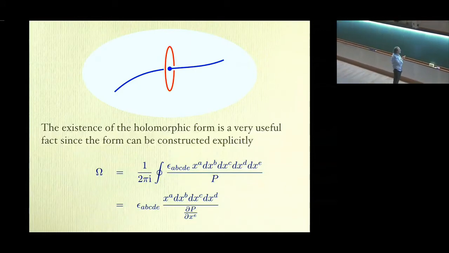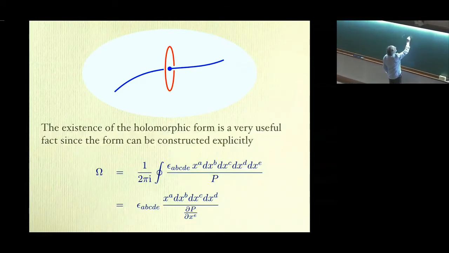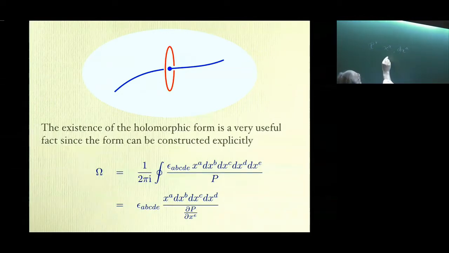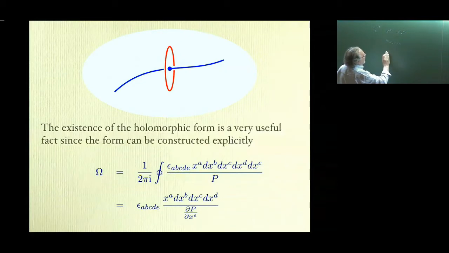You would say, well, what can you do? You have the coordinates, x_a, you have the coordinate differentials, dx_a, you have 5 coordinates in P4, so you have the alternating symbol. What can you do? Well, you could build something new: epsilon_ABCDE, x_a.